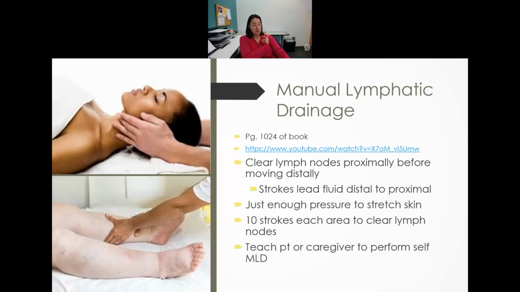We're still pushing fluids back to the heart, but we're clearing them proximally, and then we move down to the next area and push that fluid proximal and clear those lymph nodes so that we can go down a little bit further. So it actually goes from proximal to distal in the way that we are moving our hand down, pushing fluid up. However, all the fluid we're still pushing towards the heart.